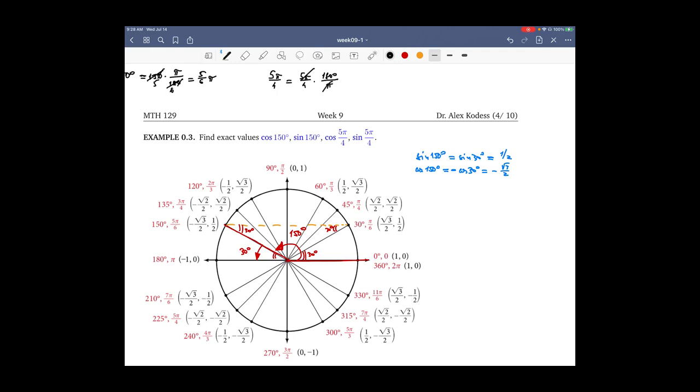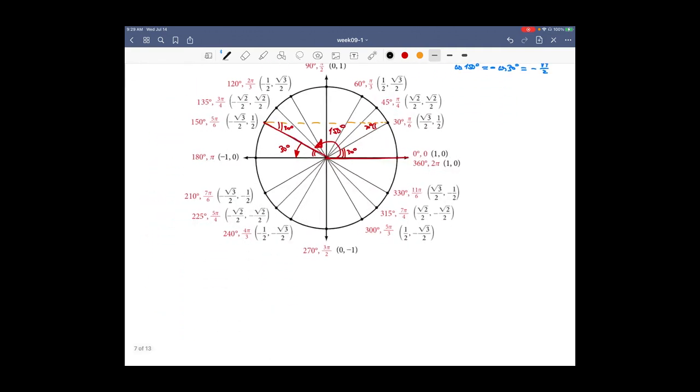So the pi's cancel out. What is 180 over 4? 160 over 4 is 40, 20 over 4 is 5, so that's 45 degrees. And 45 times 5 is 200 plus 25, 225 degrees. That is here.